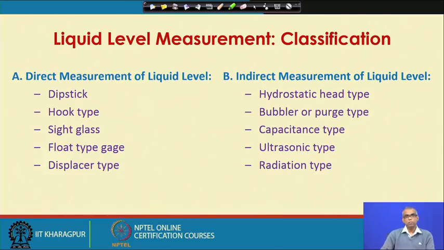If I measure pressure and I know the density of the liquid, then I can easily calculate the level of the liquid in the tank, that is H. So, I measure some property related to the pressure and then infer the value of the level from this information. Under indirect measurement of liquid levels, we will have hydrostatic pressure type, bubbler or purge type, capacitance type, ultrasonic type, radiation type.